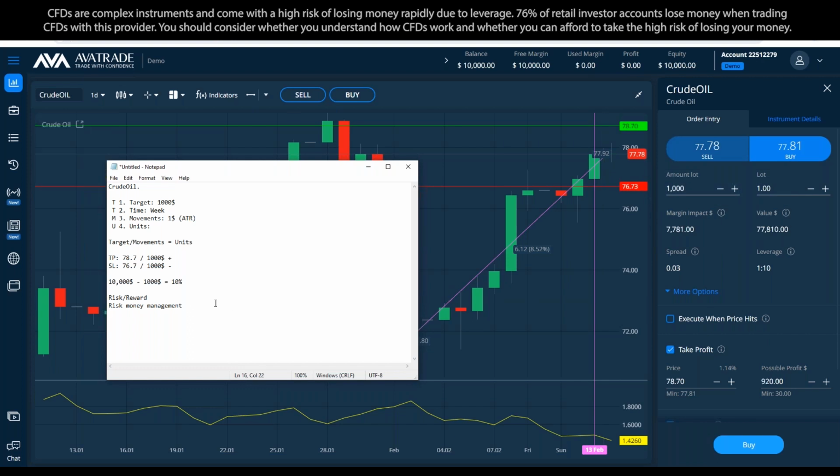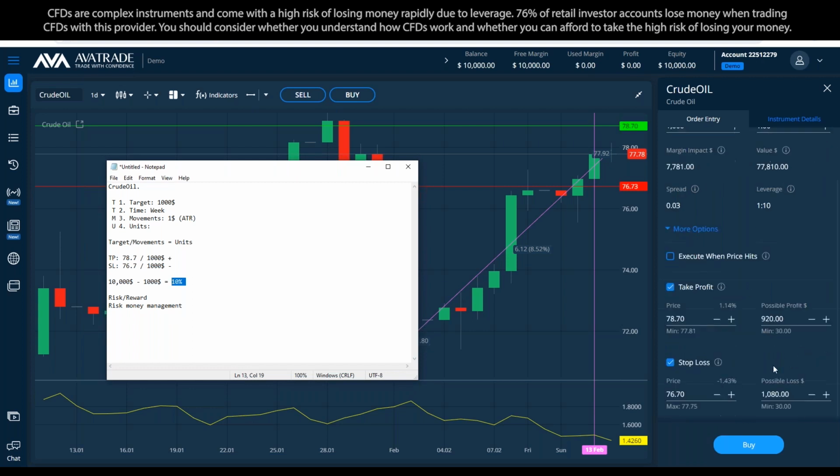Okay, I'm just going to give you a quick tip on how to adjust your stop loss or take profit. Let's suppose that I'm not happy with this 10% because I'm looking at 1,000 and 1,000, and this doesn't make sense to me. I don't want to wipe out $1,000 out of my 10,000, right? 10% might be too much for me.